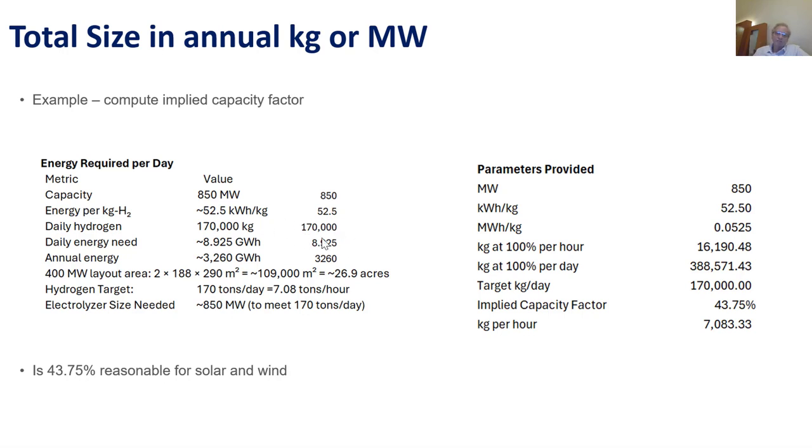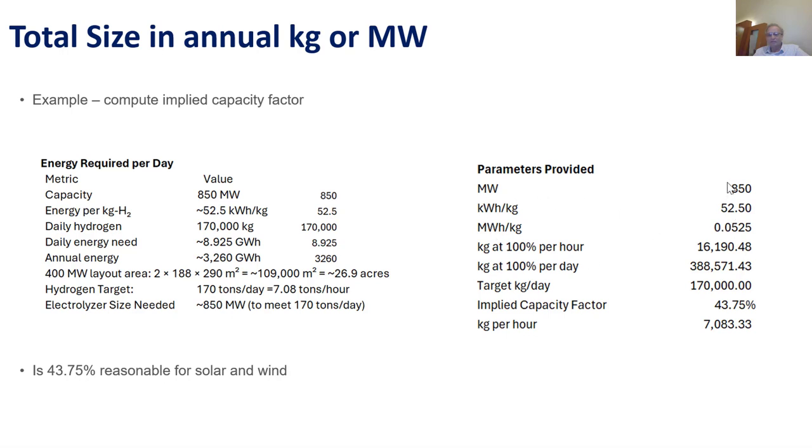Now, you've got to be careful when you convert hour to day, because if we take 850 and we take our efficiency and we divide it, because it's megawatts instead of kilowatts, we divide it by 1,000, then you can get this number in megawatts.